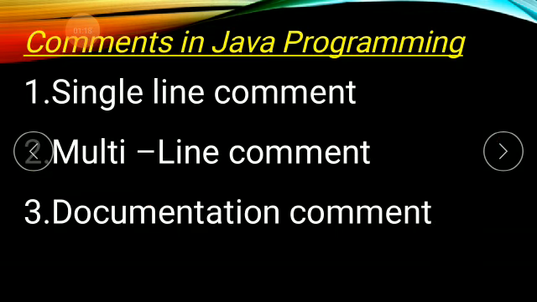Next one, comments in Java programming. These are non-executable statements in Java. The first one is the single line comment, the second one is the multi-line comment, and the third one is the documentation comment. These three comments we have already learned in our previous chapters, but still we will see all these comments in Java programming.